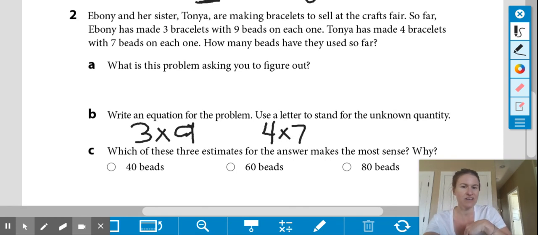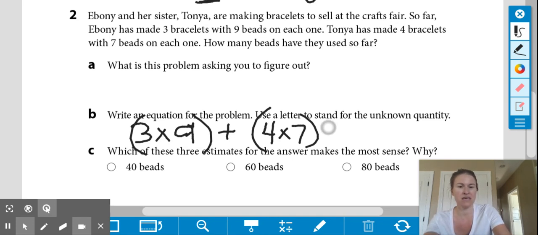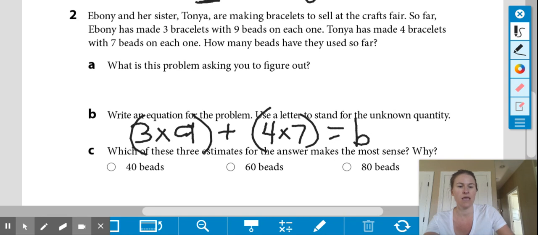And if I have to figure out how many beads they've used so far, I'm not multiplying. I'm going to be adding this together. So I'm going to group this set of beads and this set of beads, and I'm going to add those 2 sets up together. Okay, I think I can do that to figure out how many beads they have used so far.